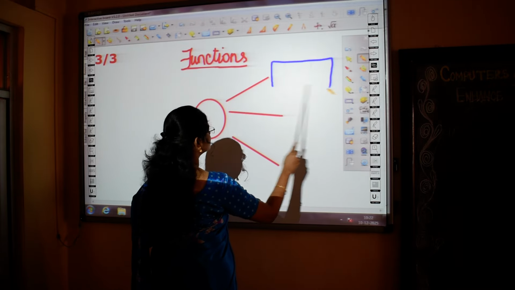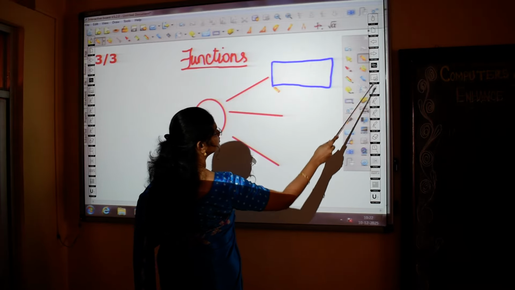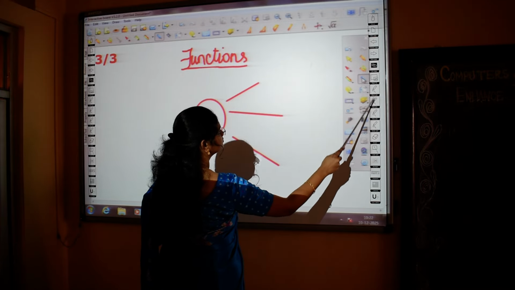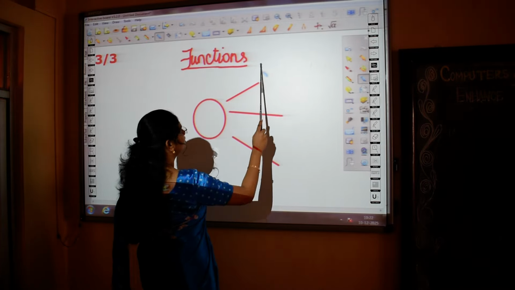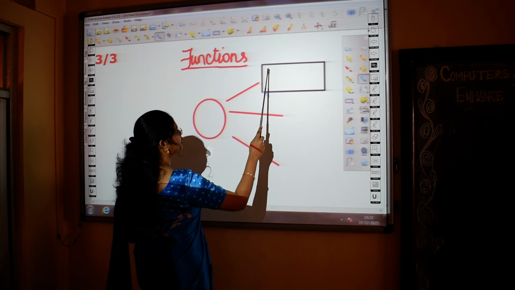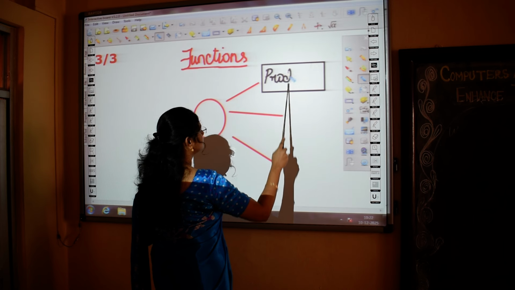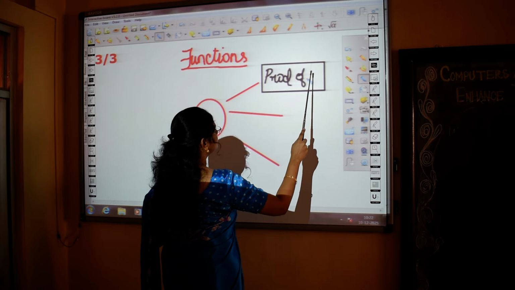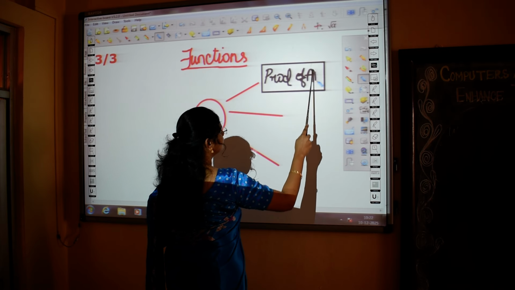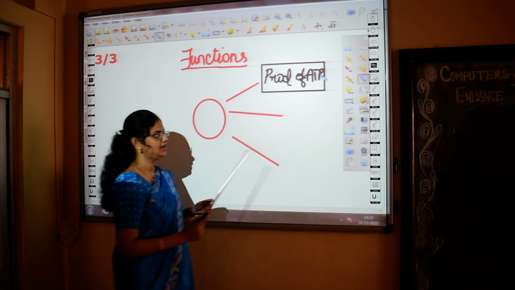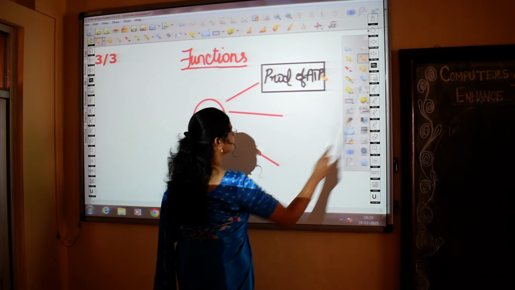The first function is the production of ATP, which is adenosine triphosphate.